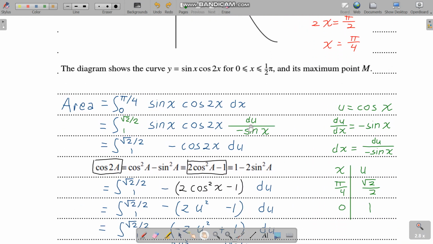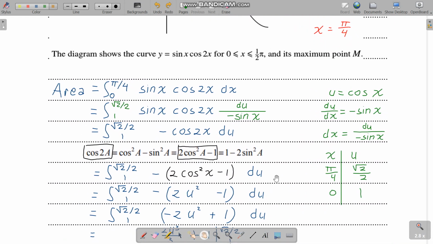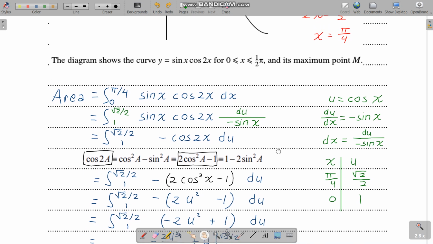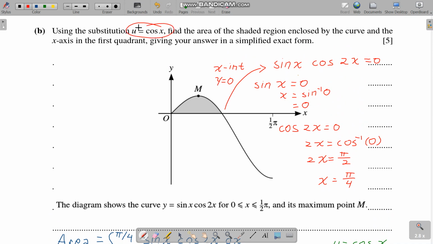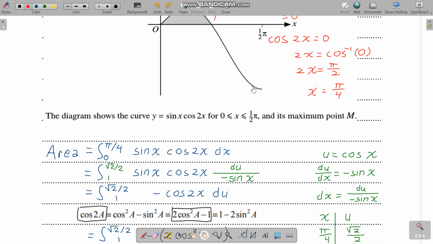Now when we integrate sine x times cos 2x, there's nothing we can do here. So that's why we have to use the substitution. u equals cos x. Just follow the instruction.